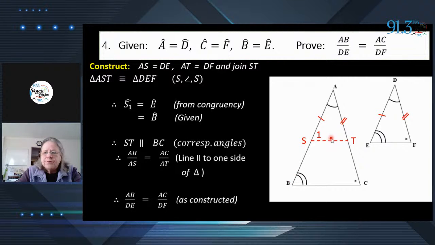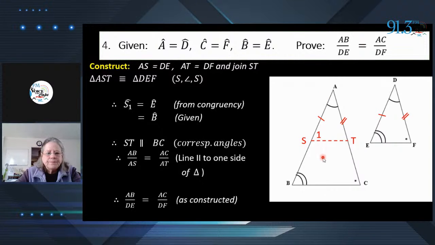So from these two parallel lines, we can conclude that AB, the long one, to the short one, AS, is equal to the long one AC over AT. And we use the theorem and a deduction from the basic theorem. Remember, if you've forgotten, just go back and have a look where I explain the idea of long sides, short sides, just so that we know what I'm talking about. So now we know that's the case.